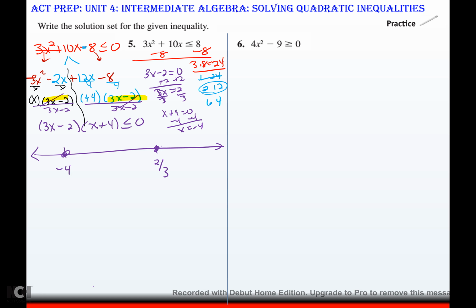We just got to figure out, is it between or outside? Well, let's test. If I test something down here, like -5, I'd have 3 times -5, which is -15 minus 2, and -5 plus 4. This is going to be a negative, this is going to be a negative, which is a positive, which is not less than or equal to 0, so that is false.